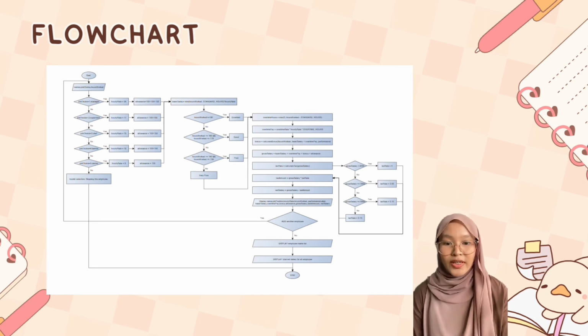At the end of the process, if the user chooses to add another employee, the program will repeat from the start. But if the user chooses not to add another employee, the program will display a list of all employees' names and the total net salary paid to all employees. Finally, the program ends, marking the completion of the entire process.